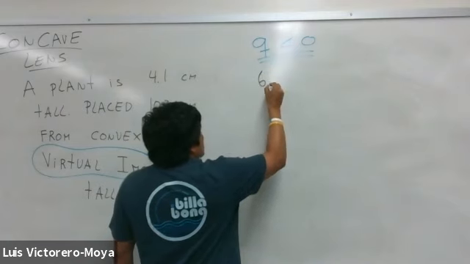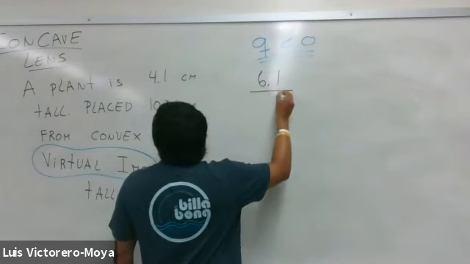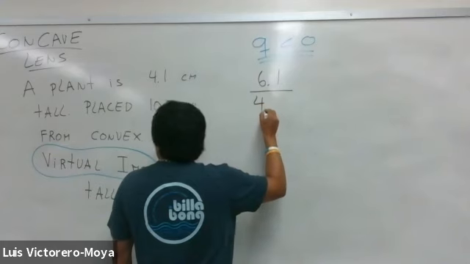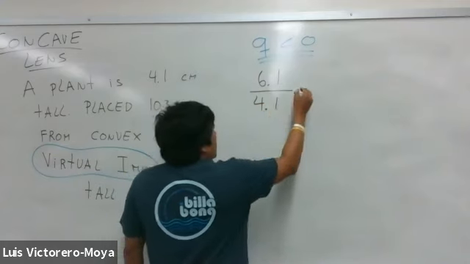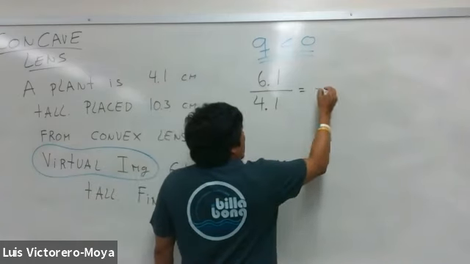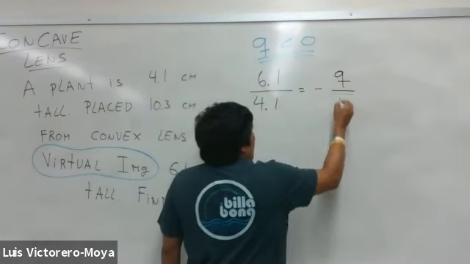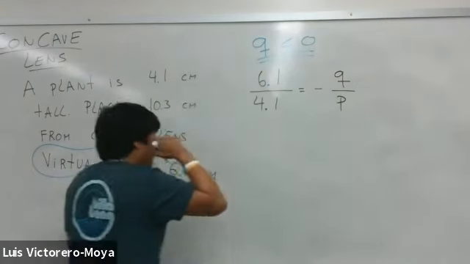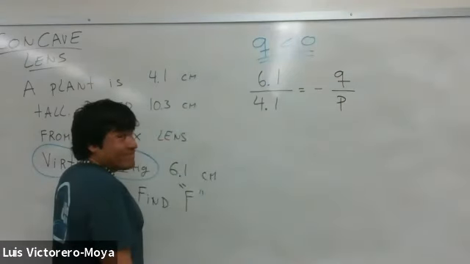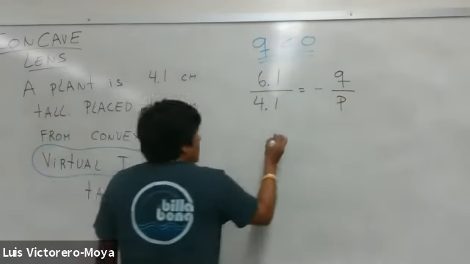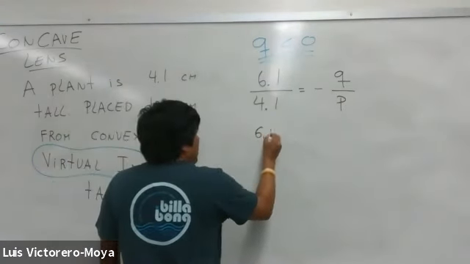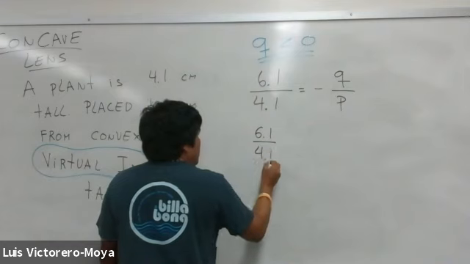Height of the image over height of the object is equal to minus Q over P. They're both upright. Height of the image over height of the object.